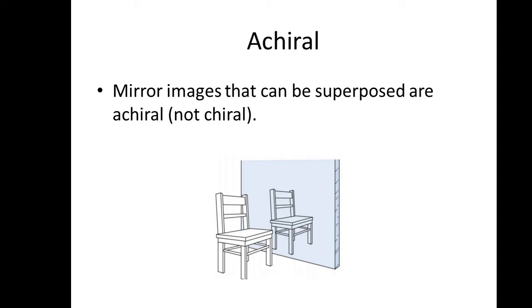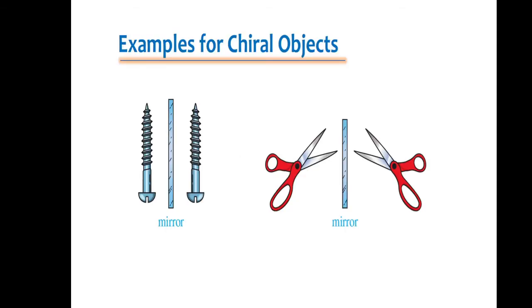Here also the image of the chair and the object are superimposable on each other. So a chair is also an example of an achiral object. Some examples of chiral objects are given. This is the screw and this is the mirror image.